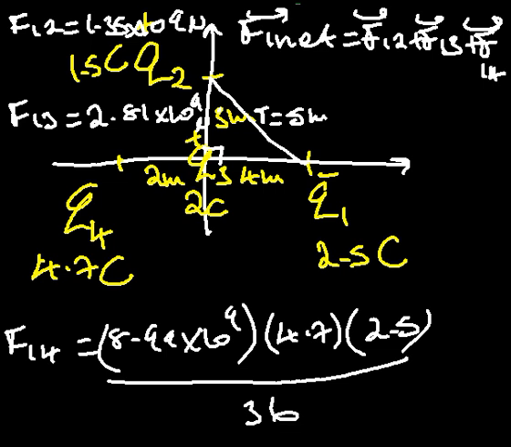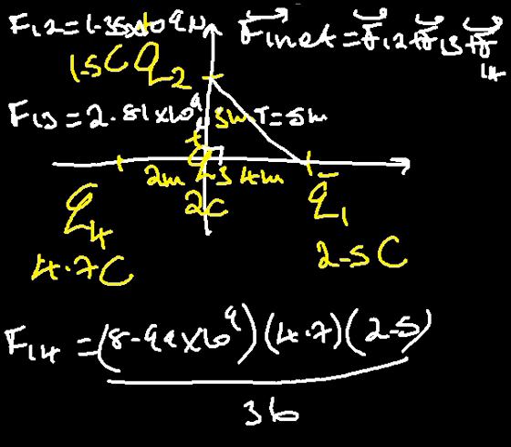So run the process again. That is 8.99 times 10 to the power positive 9, times 4.7 and times 2.5. And that should be that.